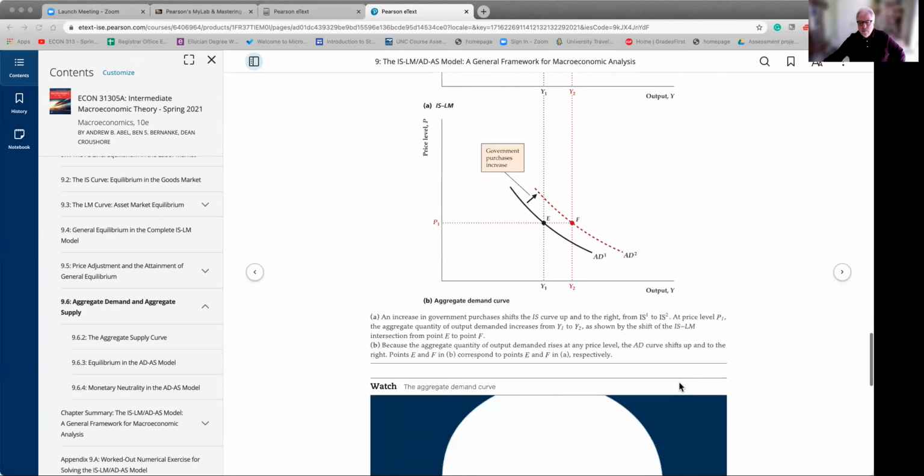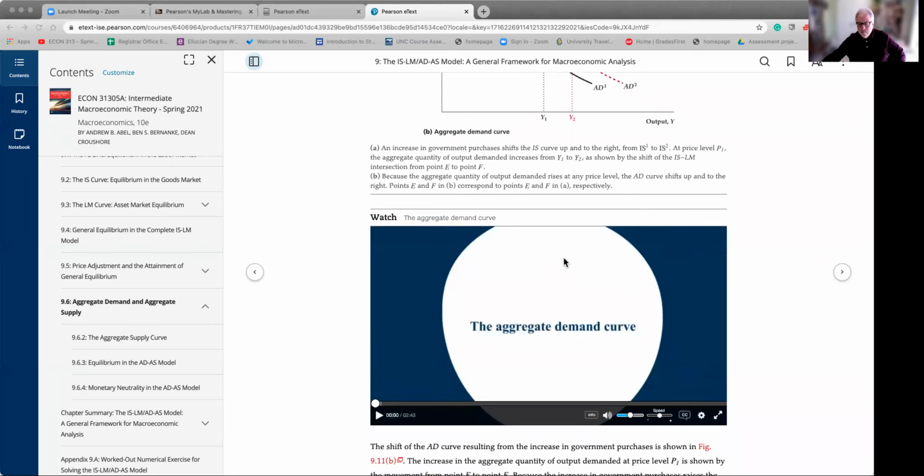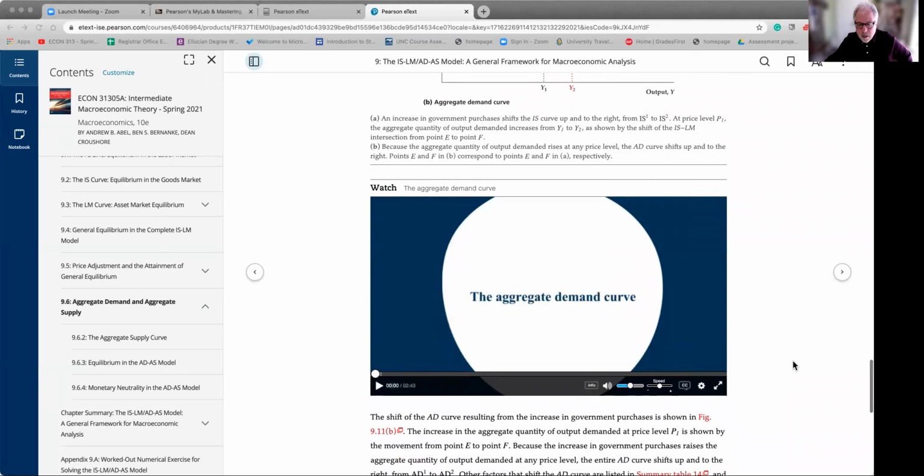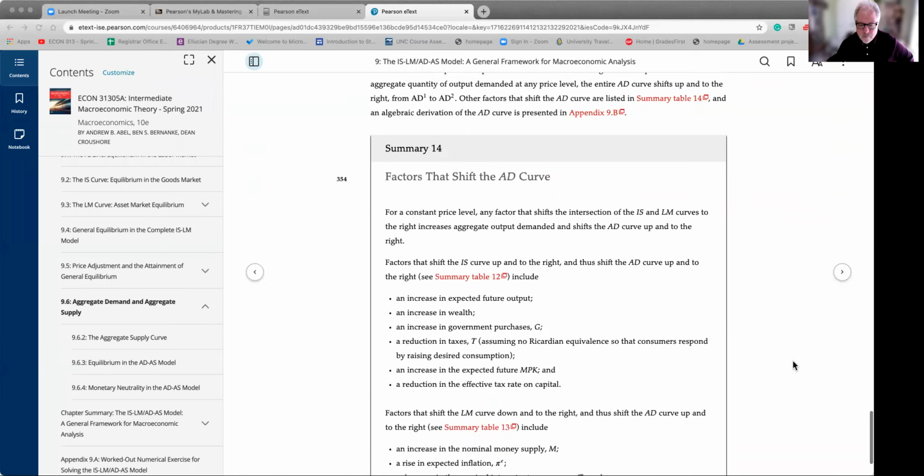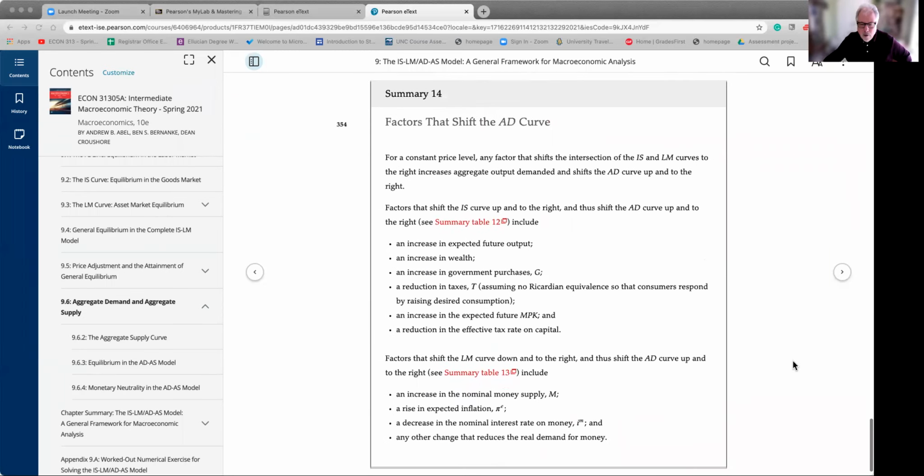There's going to be another video about this in the chapter, but there's also another summary box, as I mentioned. All the things in this summary box have to do either with desired investment or desired saving in the goods market, or things that affect money demand or money supply in the money market. These are all things that shift the aggregate demand curve.